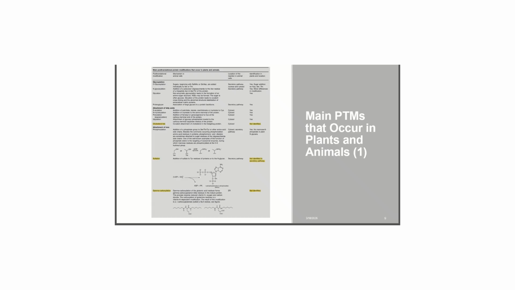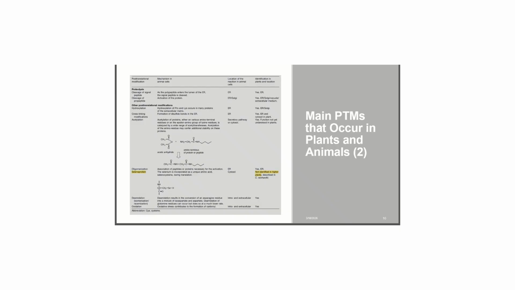Also, we have the other table continuing the first table. It also gives more insight about the mechanism that is occurring and the output, if it is in plant or in animal.